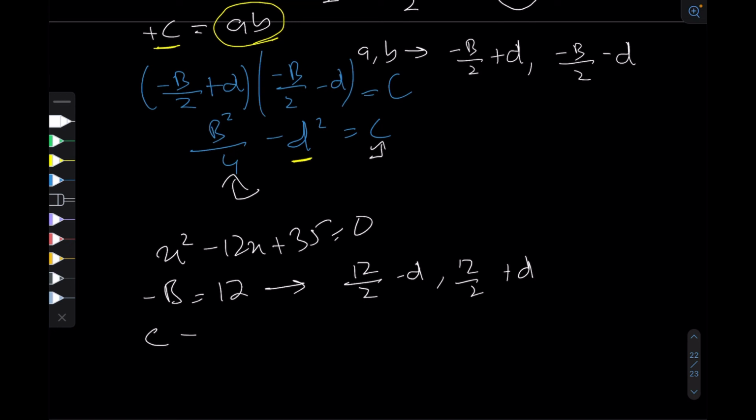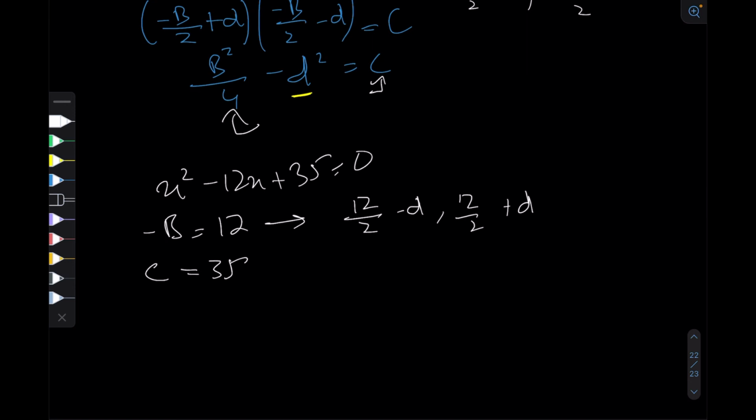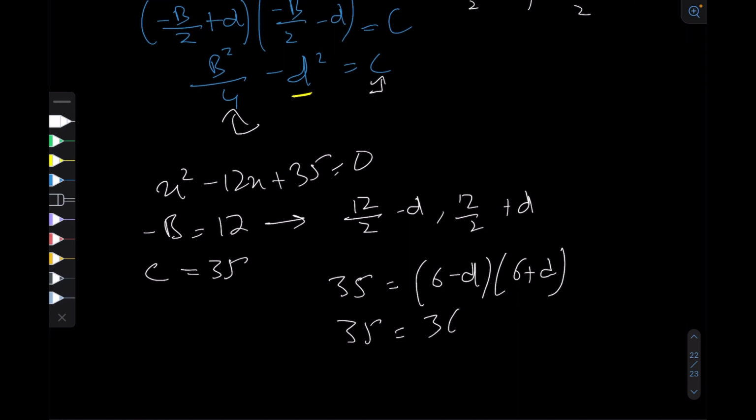We can see that c is 35, and so 35 is equal to (6 minus d) times (6 plus d), which would be 36 minus d squared. We are interested in finding d, and if we rearrange this, d turns out to be the square root of 1, which is just 1.